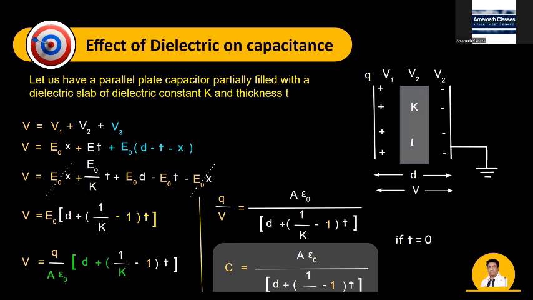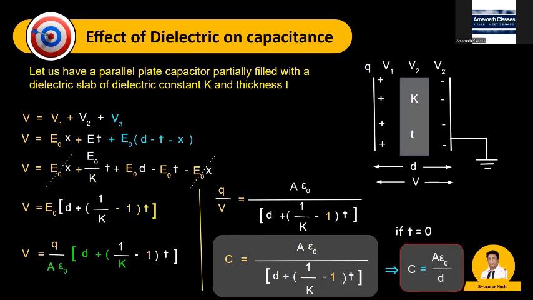If T is 0 now, this whole part will be vanished. We know this thing also now. If dielectric is not there, the answer is this.